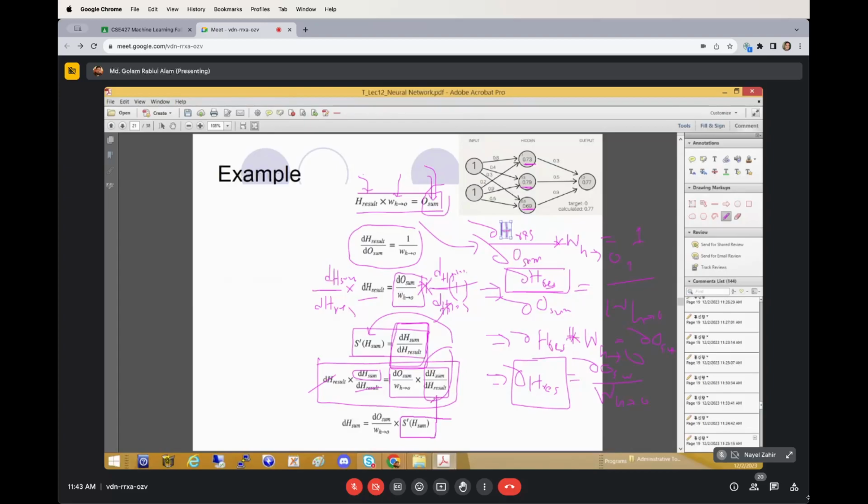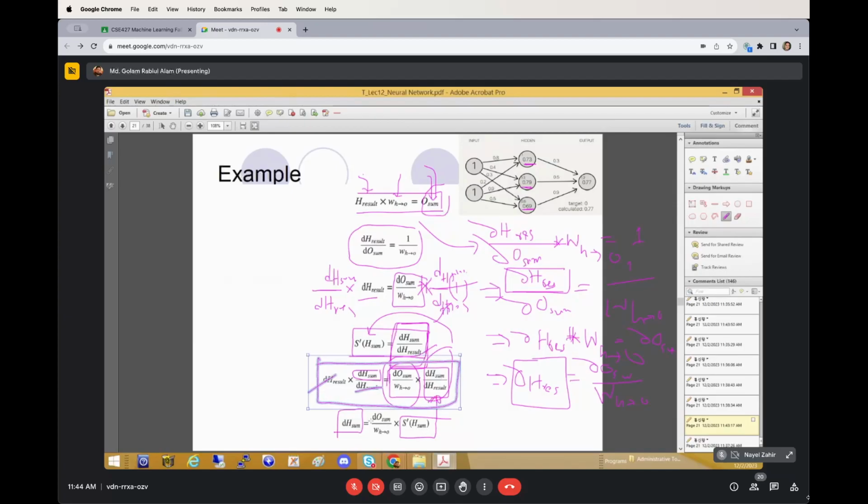From this one, we can write that this part, we have written delta output sum by WHO equals delta H sum. So delta H sum equals delta output sum divided by WHO times the derivative of the sigmoid of hidden sum.